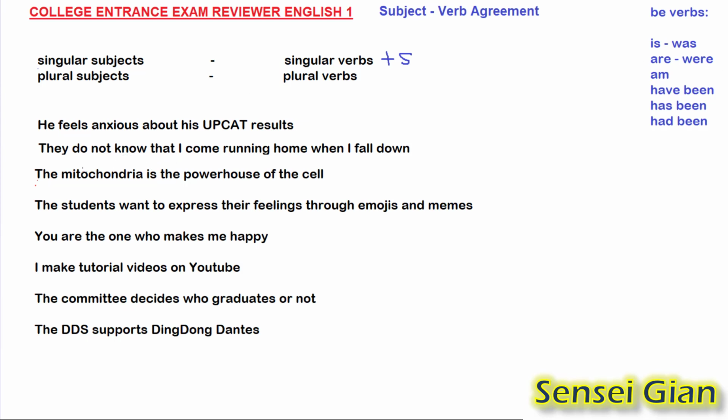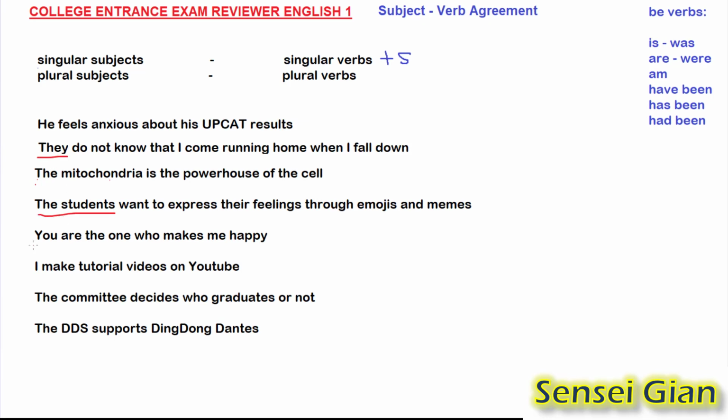How about the plural subjects? They, the students, you, I. You can notice that the word here is they. They refers to a group of people, a third person pronoun.